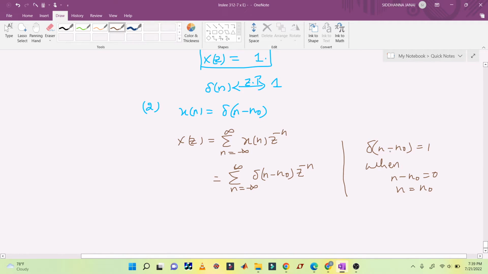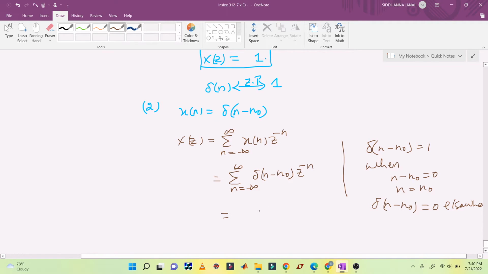When I substitute n is equal to n naught, then delta of 0 will become delta of 0. Correct? Delta of 0 means it exists at only that point. So this is a shifted delta function. So directly we can write, it is 1 at only this point, and delta of n minus n naught is equal to 0 elsewhere.